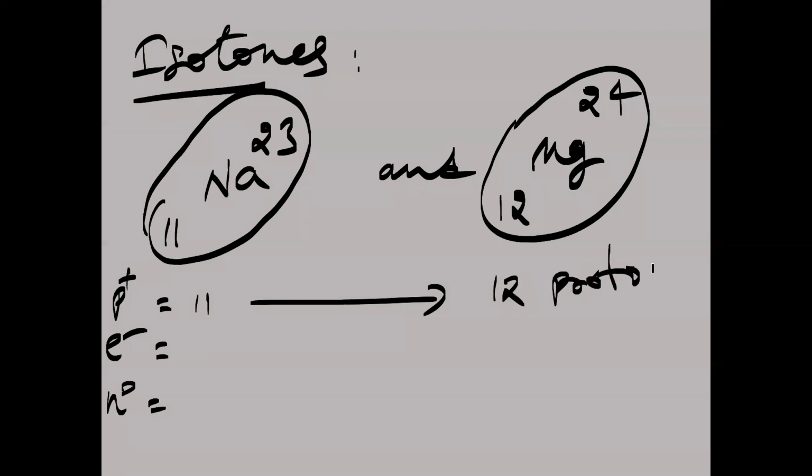The number of protons is nothing but the atomic number. Here atomic number 12 indicates 12 protons, atomic number 11 indicates 11 protons. In a neutral atom, protons number is equal to electrons number. Here also, protons number is equal to electrons number.